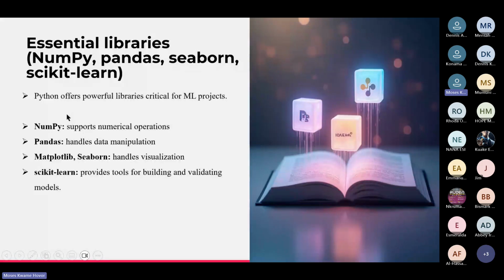Although base Python can help you add two numbers, we have NumPy to help us with numerical operations, to add two matrices, to do a lot of sampling and all that. Pandas helps us handle data manipulation very well. If we want to import our data, change the variables of our data, or do any manipulation of our data, we use Pandas.